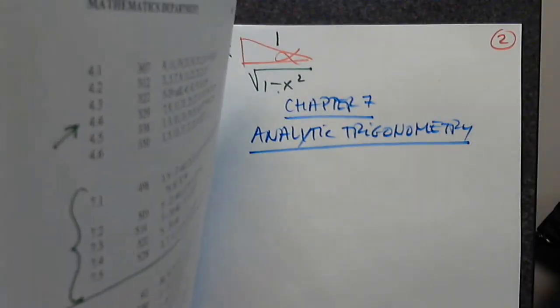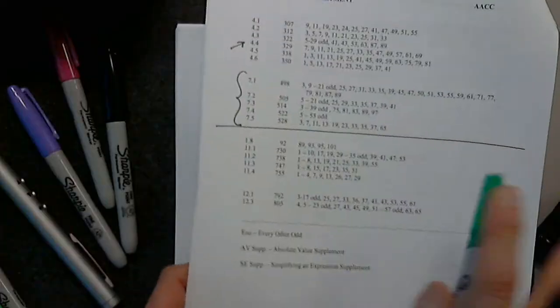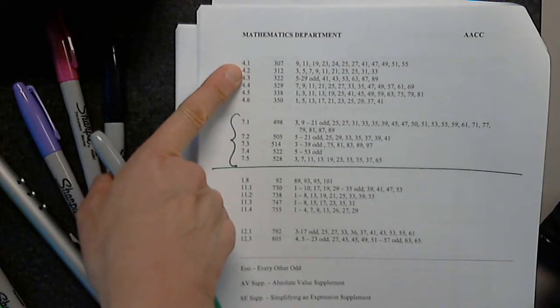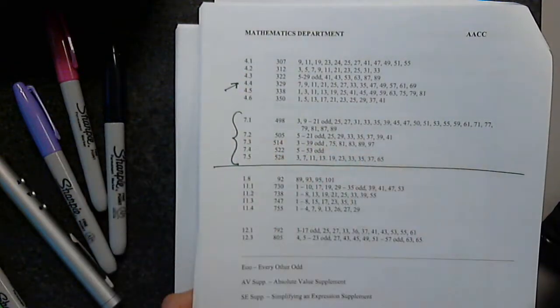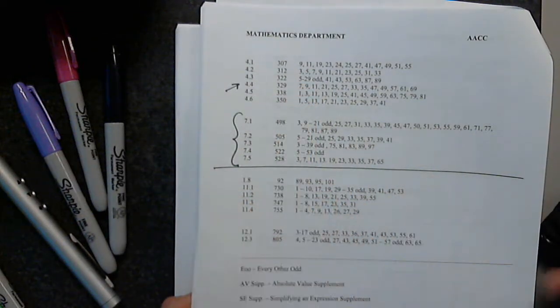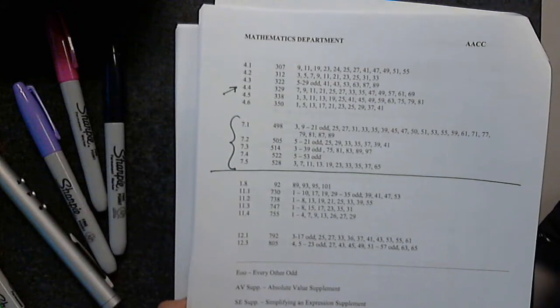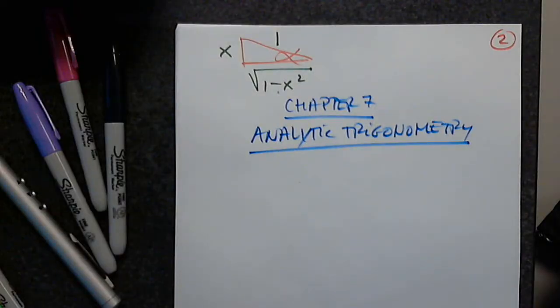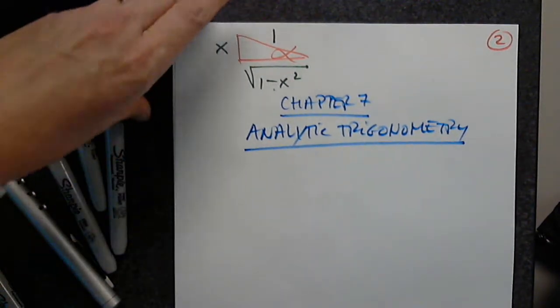Since we already finished 5 and 6 in trig, and this is the last chapter of trig, we'll do this first and then this. Only because we already have all the trig identities fresh in our minds. Because if I do this, then I will have to come back and say, hey, do you remember? So I want to avoid that.